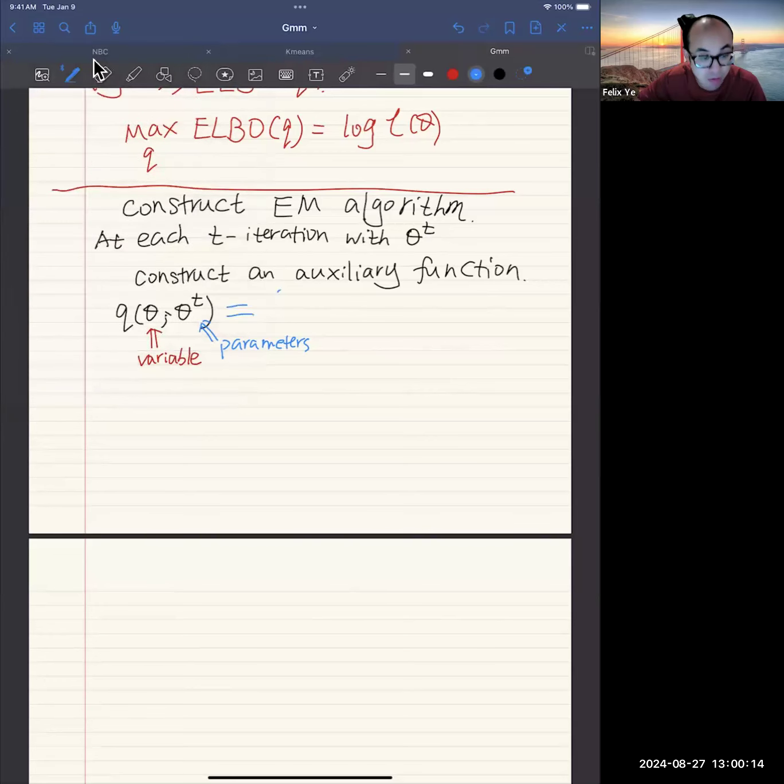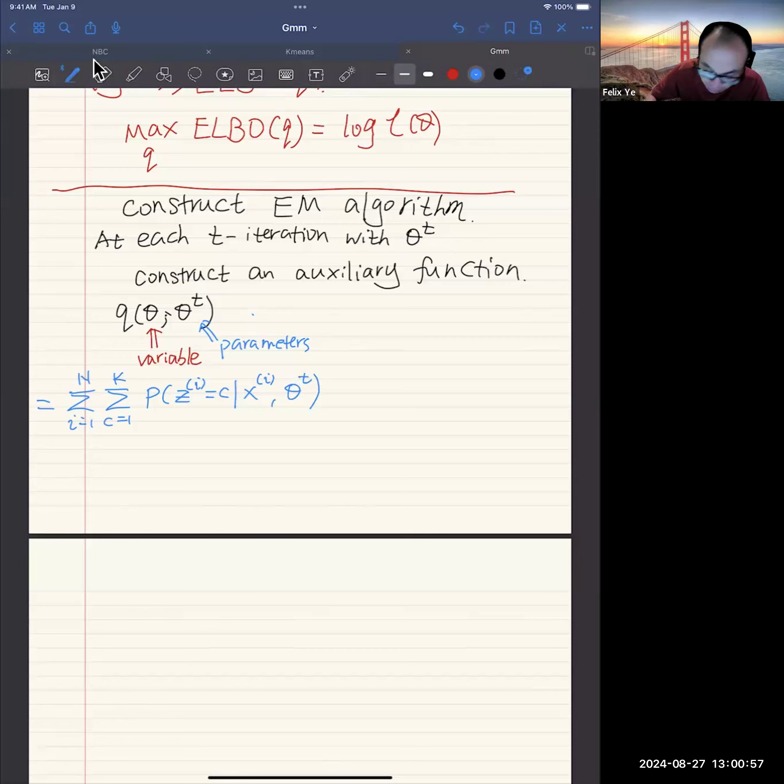So this is equal to the double sum, i from 1 to n, c from 1 to k. Let me write it here because I don't think we have enough space. I have the summation i from 1 to n, c from 1 to k, of the probability of z_i equal to c, conditional on x_i and theta t.